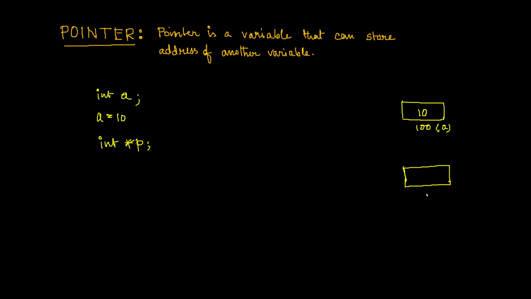So the variable name is p, whose address may be, for example, 200. Suppose the address of this memory location is 200, and what we have seen is that a pointer is a variable that can store the address of another variable. So I can store the address of another variable within the content of p.